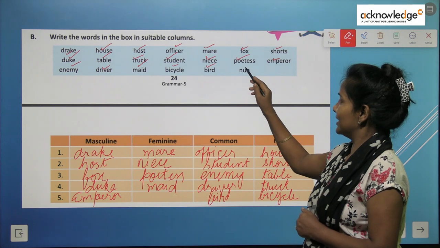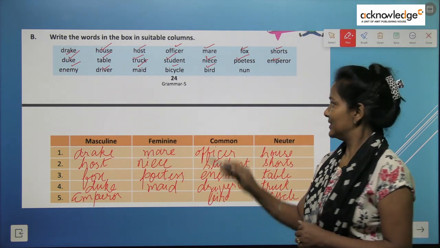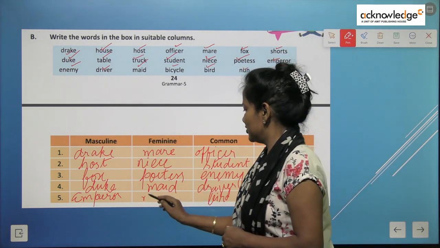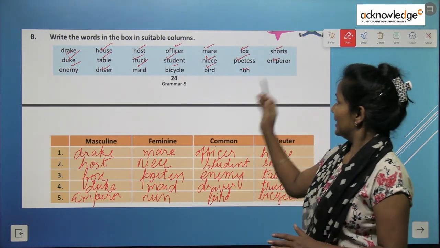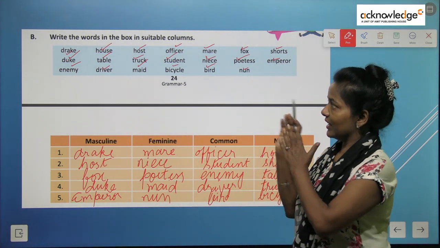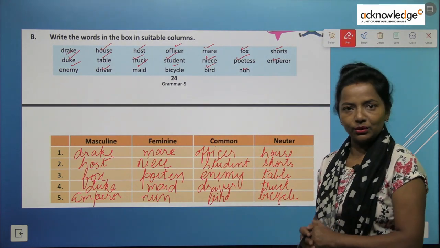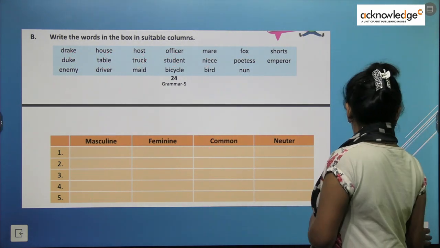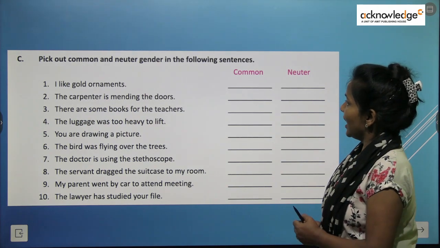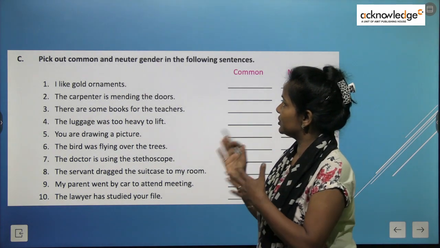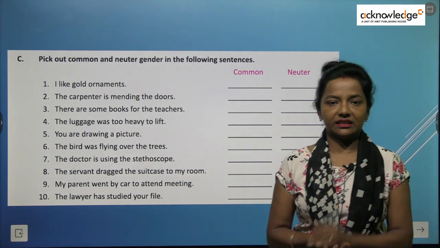And yes, nun. Nun is a feminine gender. So children, here we complete all, we have put all the words in the suitable boxes. Okay. So now moving ahead, pick out common and neuter gender in the following sentences.